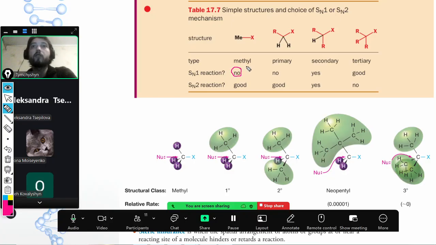and you see that there is no chance for the SN1 reaction. Why? Who can tell me? When X leaves, what are we left with?